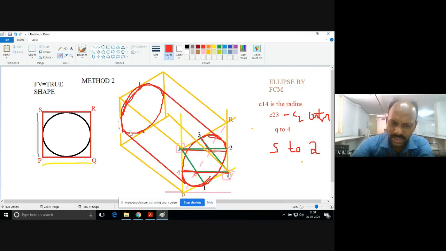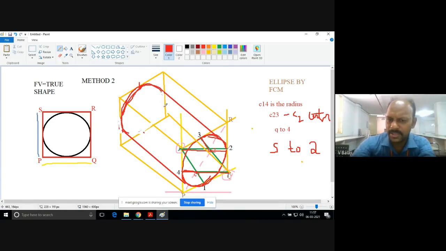Now here you see, this half of the ellipse you may not see. Am I right? Yes, sir. So you need not draw dotted lines generally in isometric view. If you want to draw dotted lines, you can also put them, no issue. But generally it is not required to show them in the isometric view. You can show it like this.